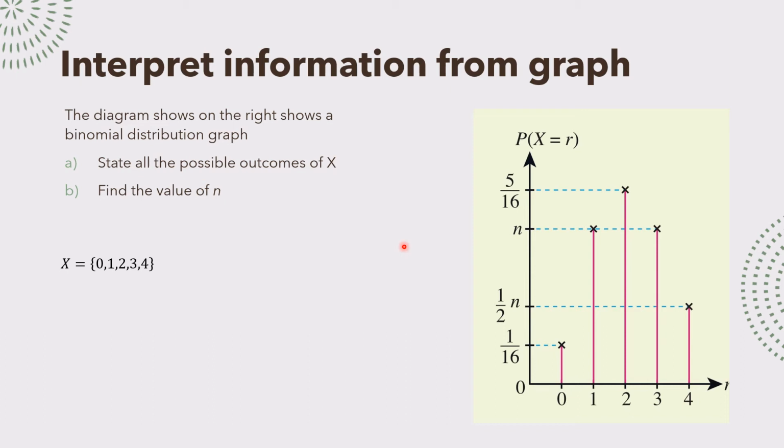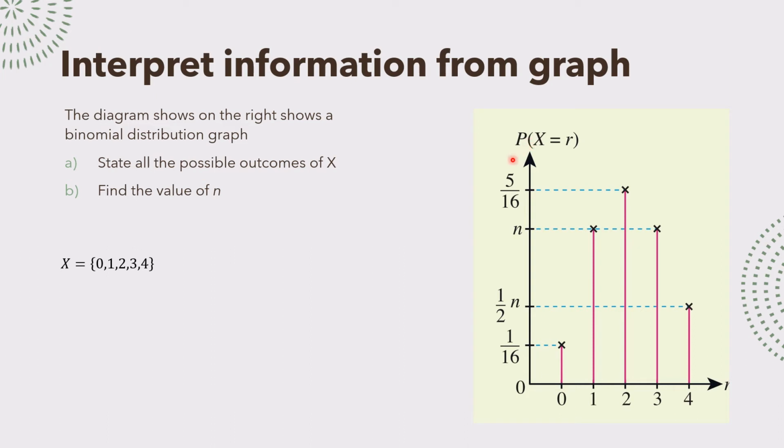And then find the value of n. This is very important because the graph shows the probability against the number of success.